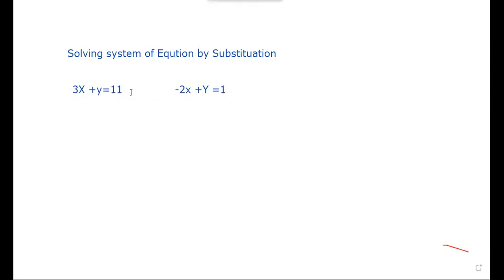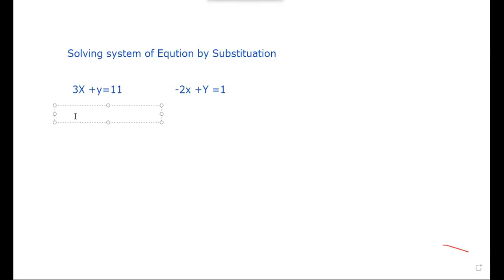Who will help me? Rearrange. So first we will start to rearrange. Which variable are we going to keep? Y. Why did you choose y? Because it doesn't have a number beside it.